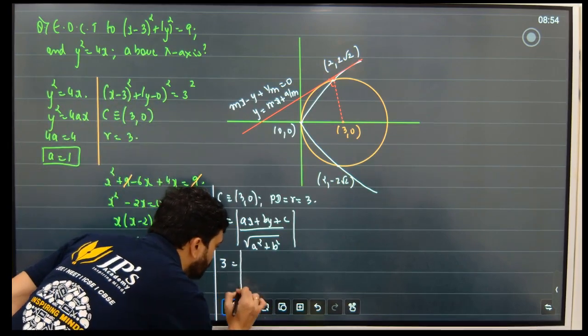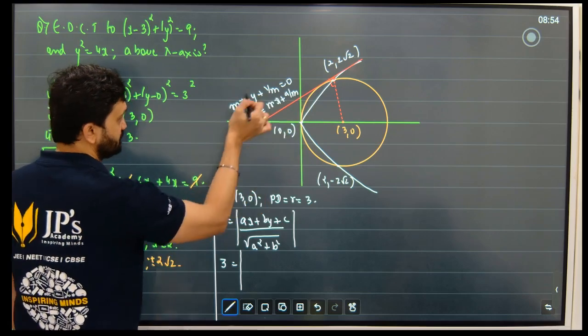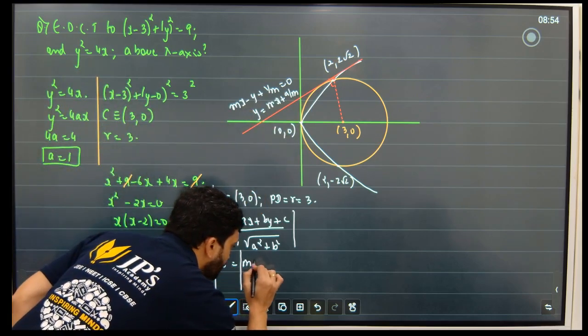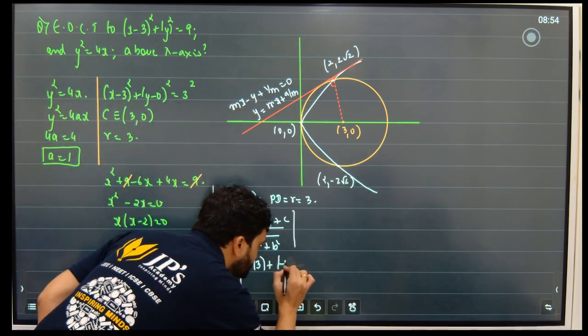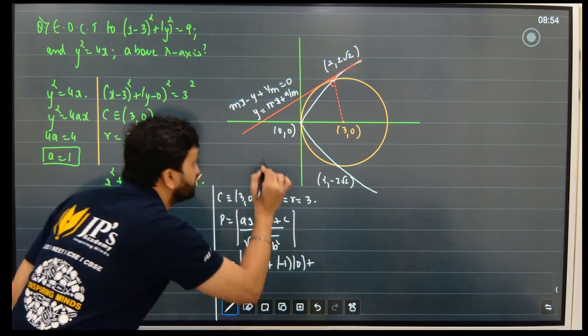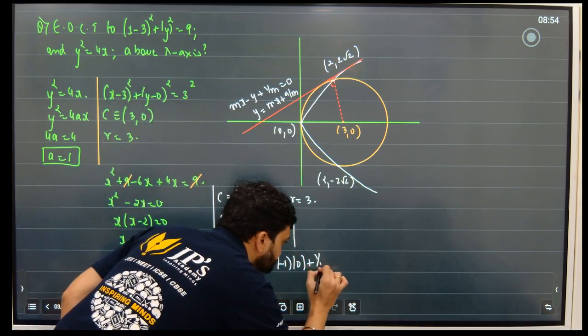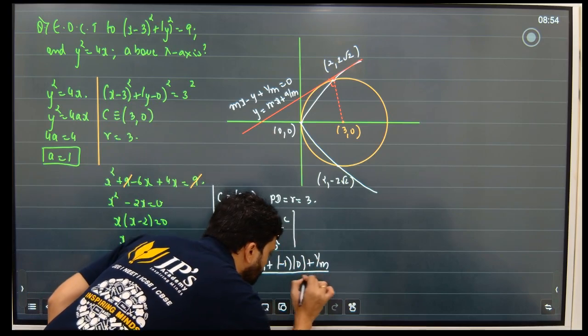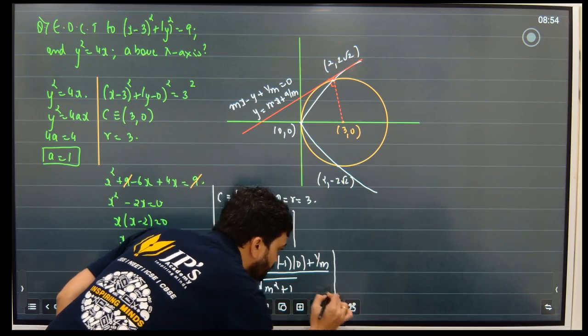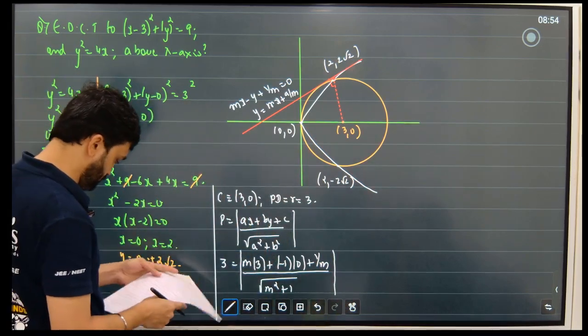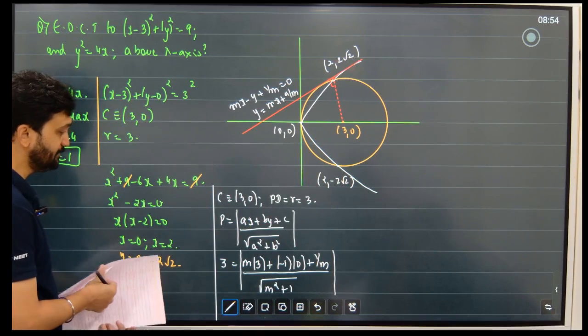So 3 is equal to, if you see my a value is m into 3, plus b is minus 1 into 0, plus c is 1 by m, upon under root of m square plus 1. Again, this is equal to 3.